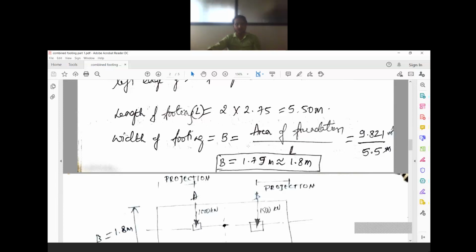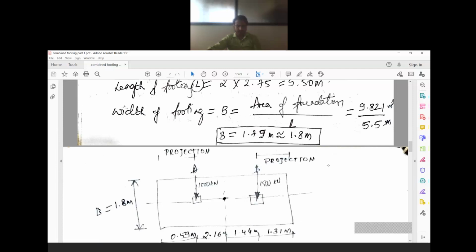We already know the area of foundation, total load by SBC of soil, which is 9.821, and we have got the length of the foundation, which is 5.5 meter. See, 9.821 meter square divided by 5.5 meter. Meter cancels, so you will get the answer in meter. So B is equal to 1.79 meter, which is approximately 1.8 meter we can consider.